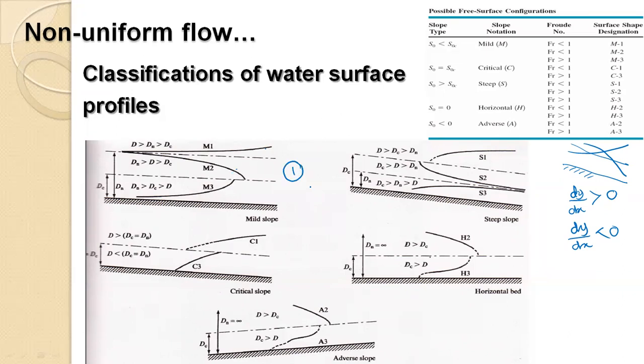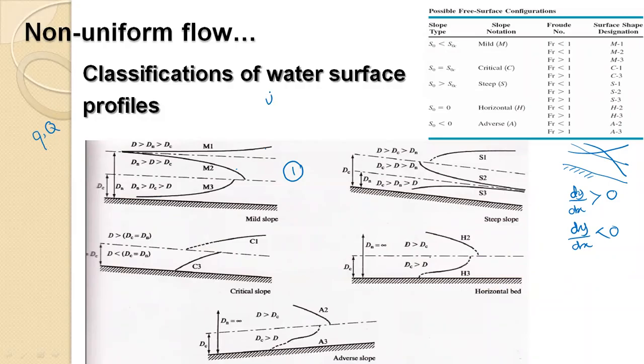Now, the mild slope is defined like this. When you have a given flow, simple Q0, capital Q, if there is a particular bottom slope, there would be a water depth corresponding to that bottom slope.